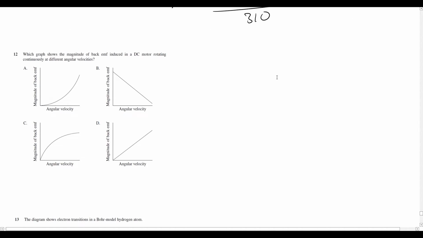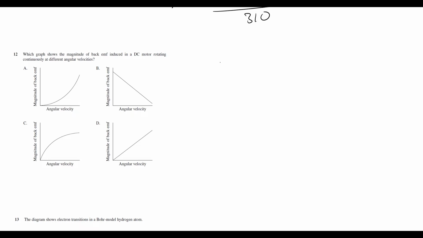Which graph shows the magnitude of back EMF induced in a DC motor rotating continuously at different angular velocities? Okay, so DC motor, and we know that it's just looking at the different angular velocities here. So the magnitude of back EMF and the angular velocity are our two different axes here. So what do we know about back EMF?